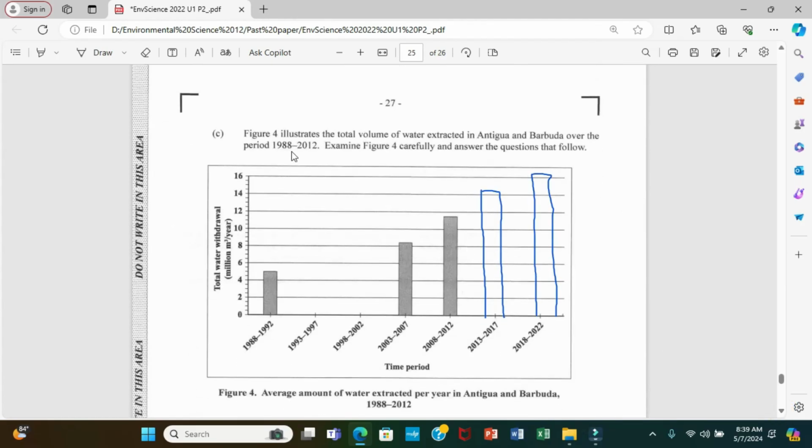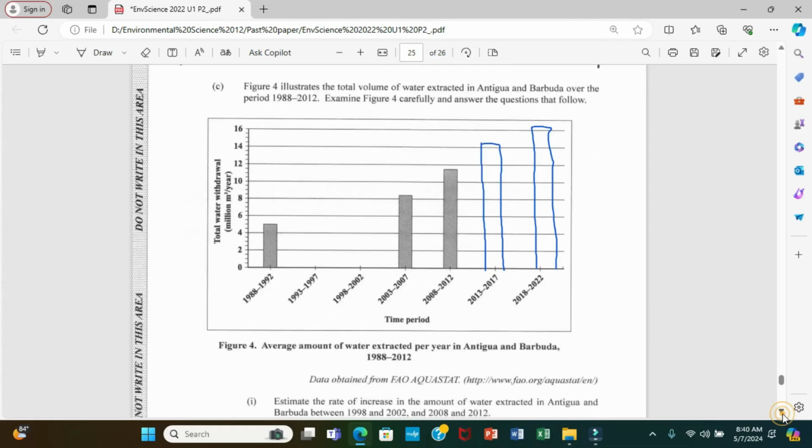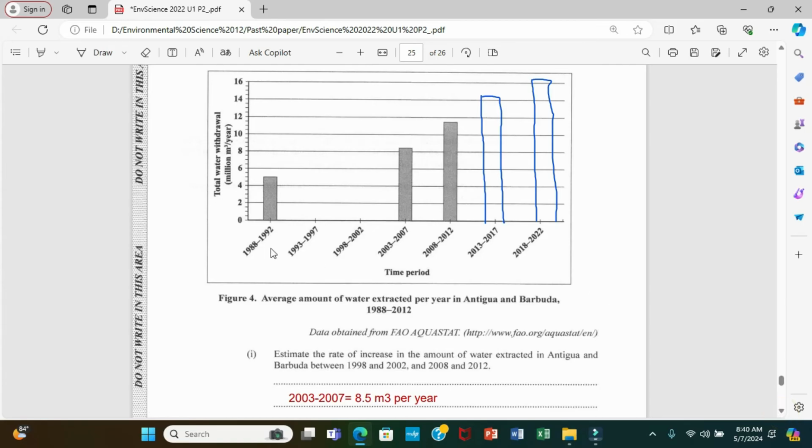All right. Figure 4, question C here says, Figure 4 illustrates the total volume of water extracted in Antigua and Barbuda over the period 1988 to 2012. Examine figure 4 carefully and answer the question that follows. Over here on this axis, it says total water withdrawal.